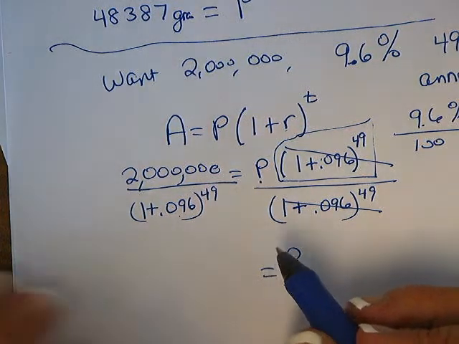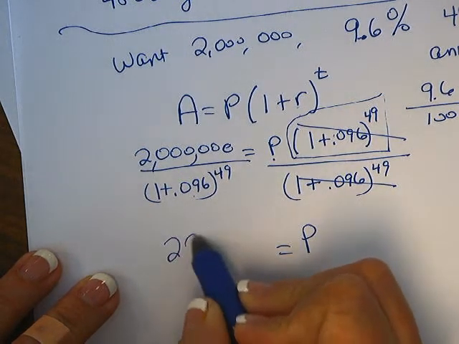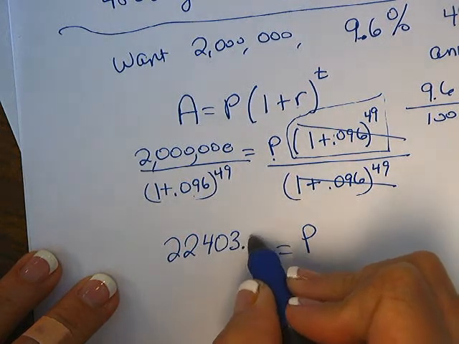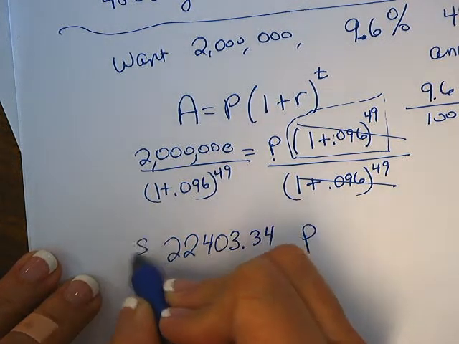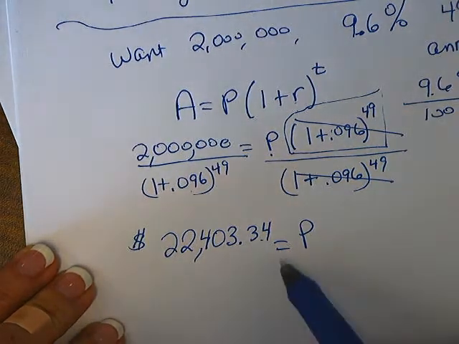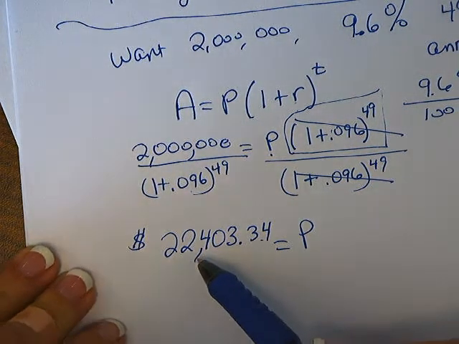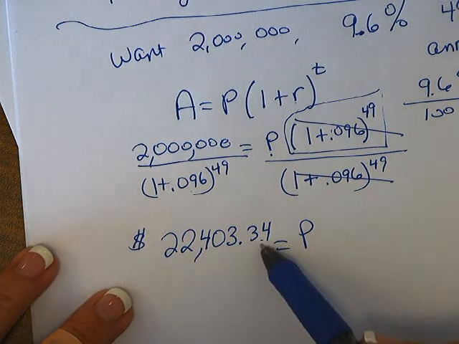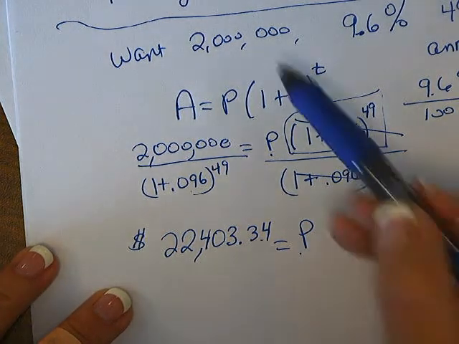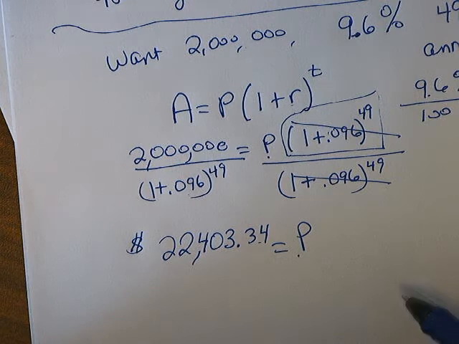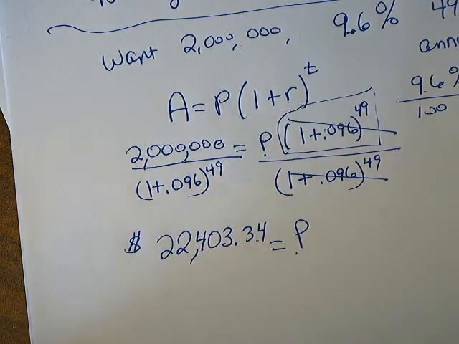Then I'm going to come up with $22,403.34. When we're dealing with money, we always want to go out to cents. So this tells me that whoever it is needs to deposit $22,403.34 right now if you want to have $2 million in 49 years. That seems very doable, doesn't it? Or very much worth it anyways.